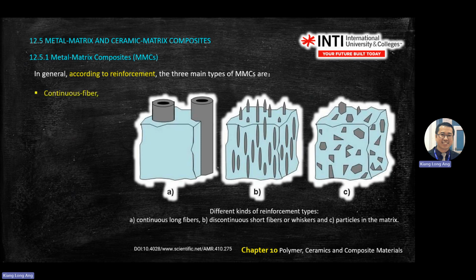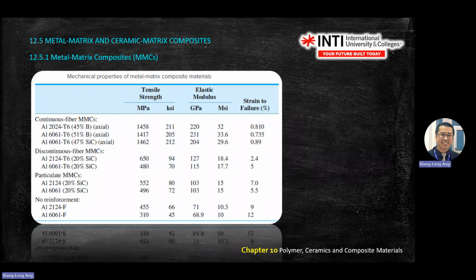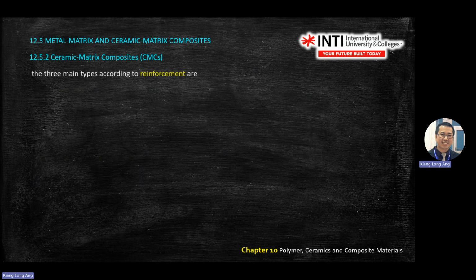Okay. So these are the table for material properties for different types of composite: continuous fiber, discontinued, particulate, and so on. This one is metal matrix. That's why you see aluminum inside there. Okay.